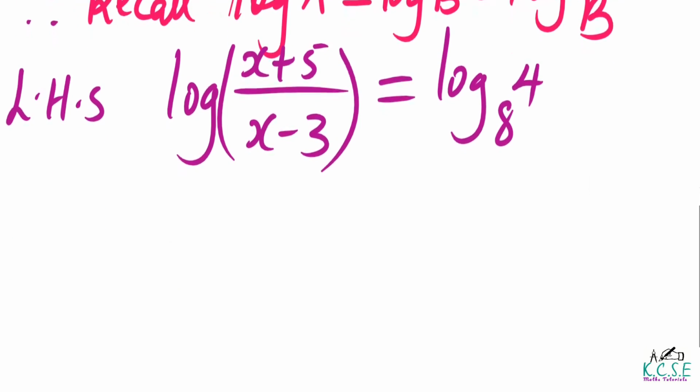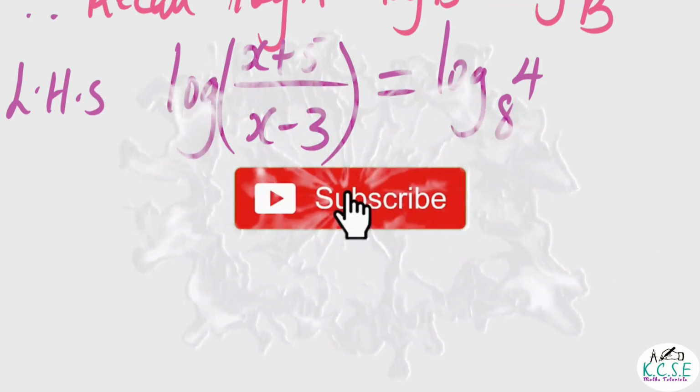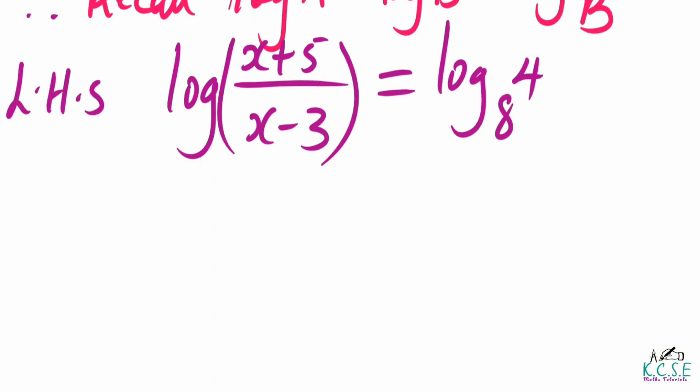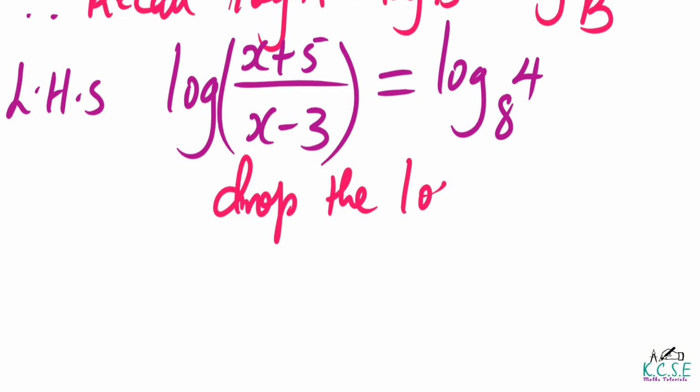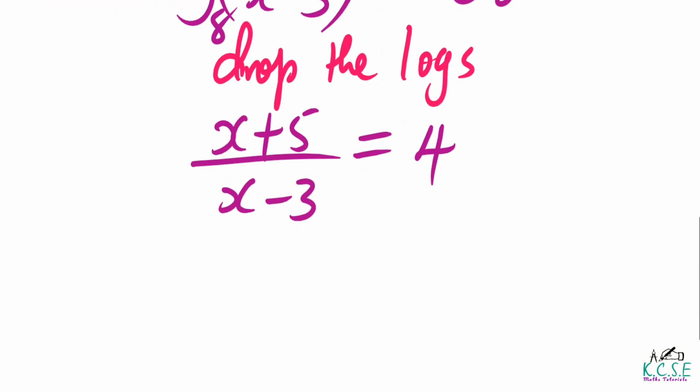Once we've done that, you observe that we have logarithm on both the left hand side and the right hand side. So at this stage we can drop the logs. If we drop the logs, x plus 5 divided by x minus 3 is going to give 4, since the base is the same. So now we solve this equation and we get the value of x.